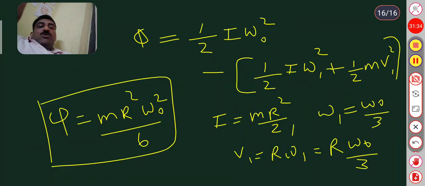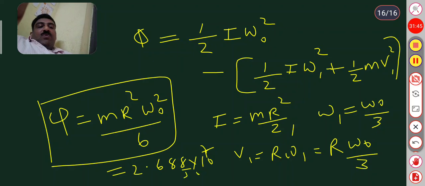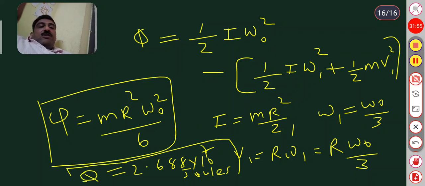So here also you will get the same value, 2.688 into 10 to the power 7 joules. This is the value of heat dissipated here. So there are two ways we can do this.